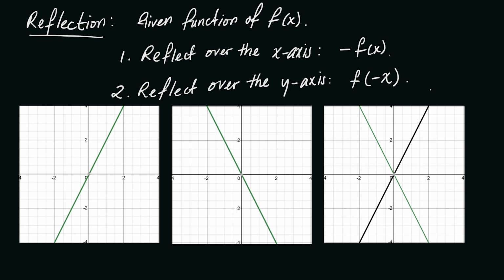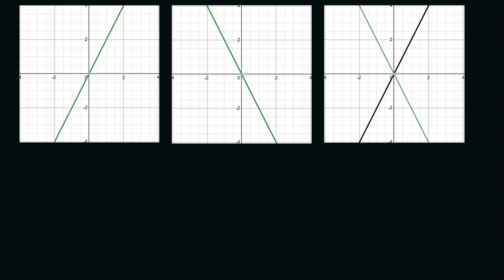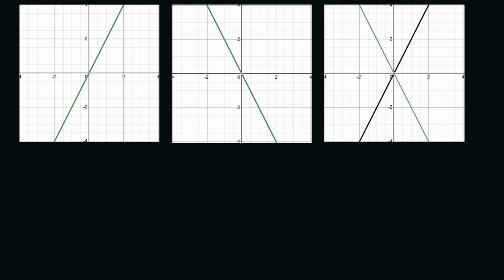All right, so here I have three of the graphs. We're basically using this graph of f of x, and we're reflecting it over the x-axis first. So let's take a look. Let's say this is the first graph that we have, f of x. Now, let's say that we're reflecting it over the x-axis.